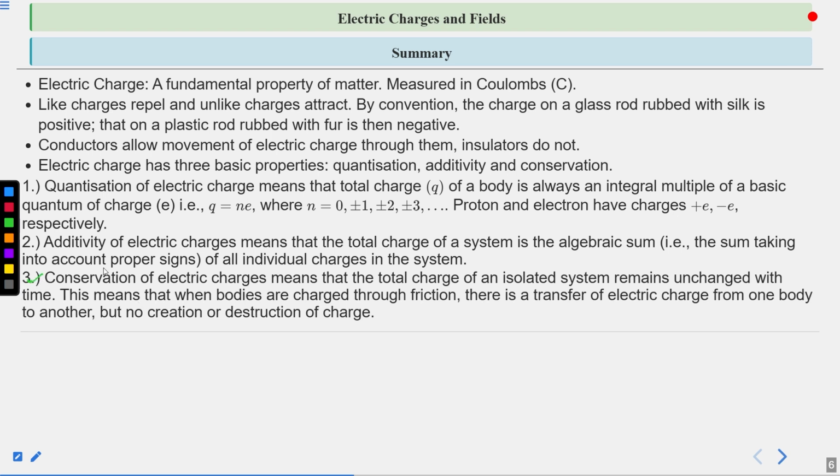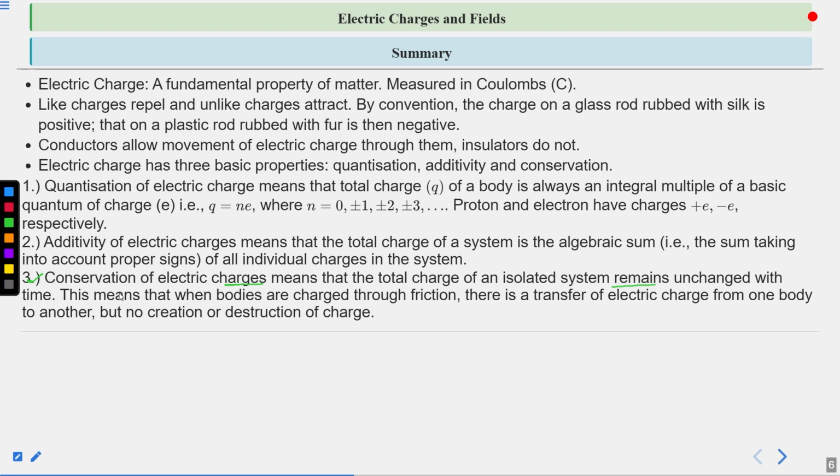Third property is conservation of electric charge. According to conservation of electric charge, charges can neither be created nor be destroyed, only transformed from one form to another. It can only be transferred. So conservation of electric charge means the total charge of an isolated system remains unchanged with time.